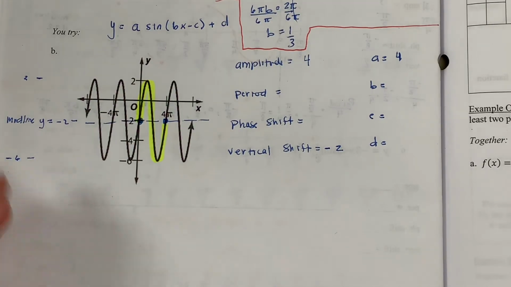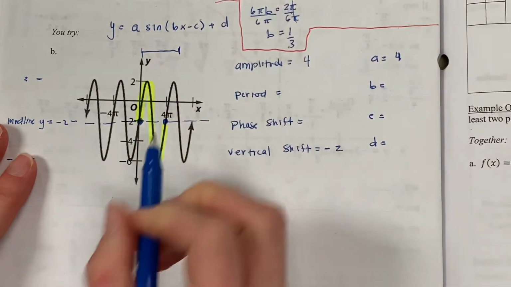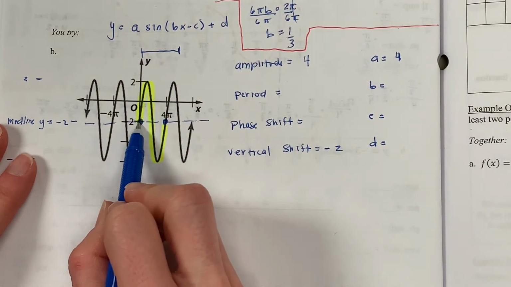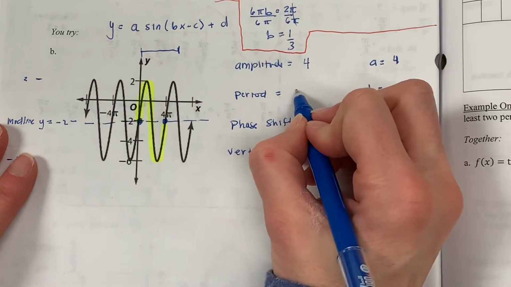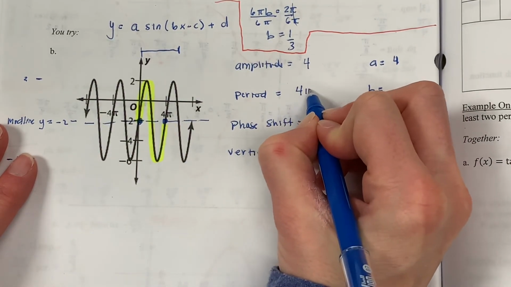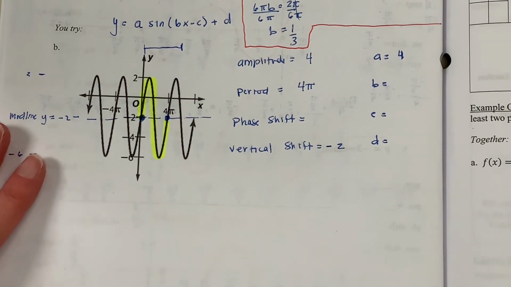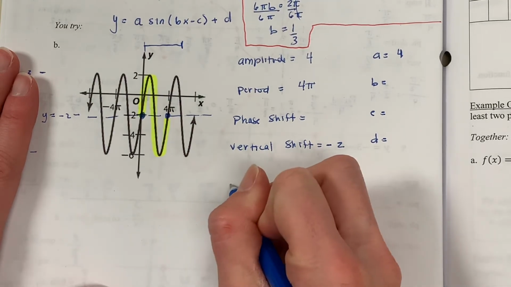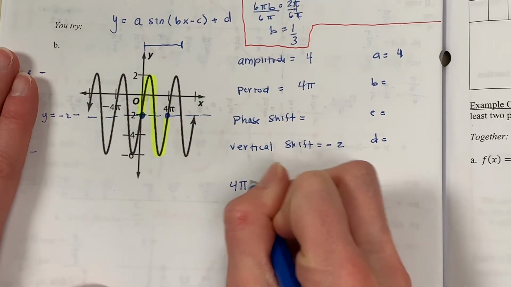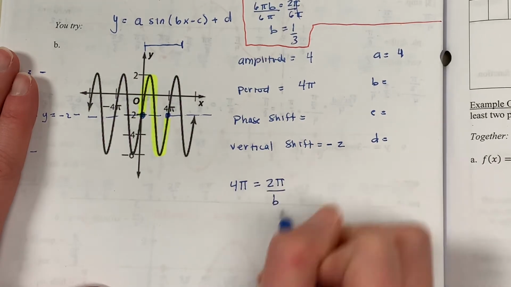Now, the period is the length of one curve. The x value begins at 0, and one period ends at 4 pi. The distance between 0 and 4 pi is 4 pi, so my period is 4 pi. So to find the b value, I take my period, 4 pi, and set it equal to 2 pi over b, which is the formula to find the period.